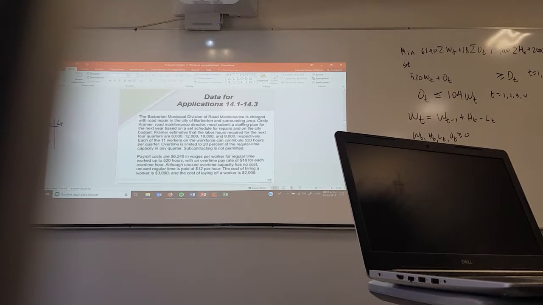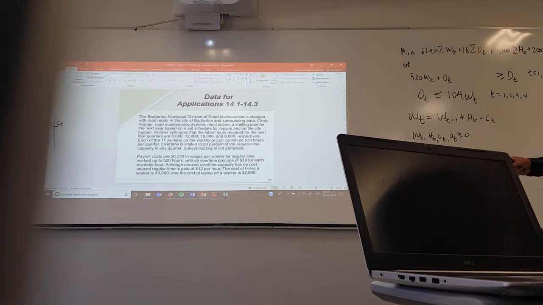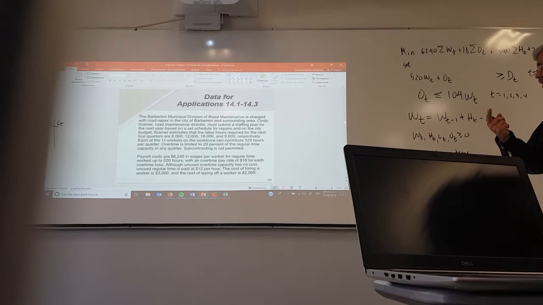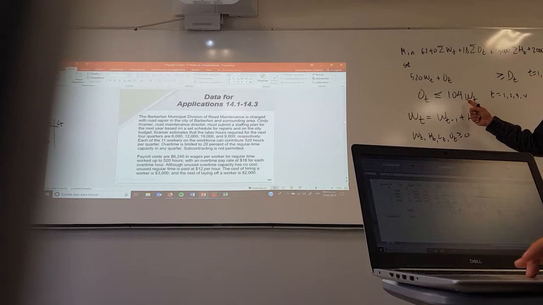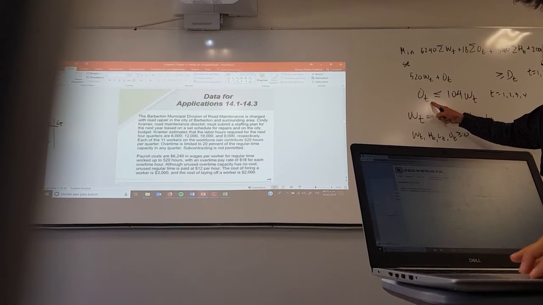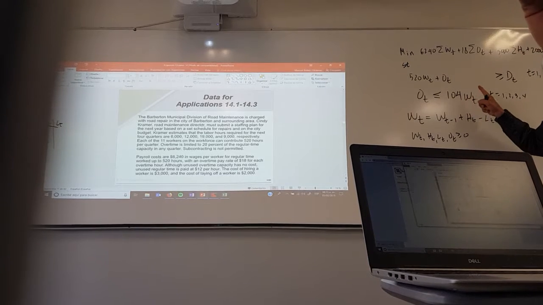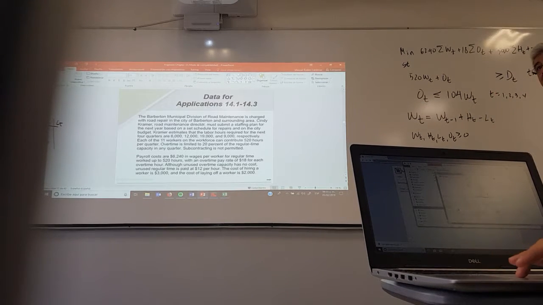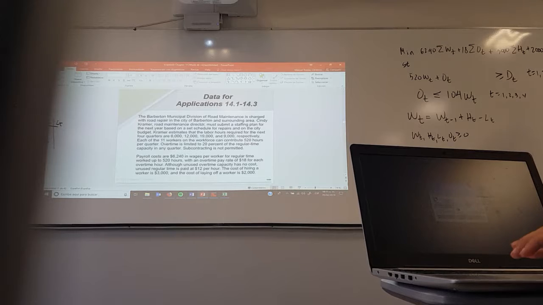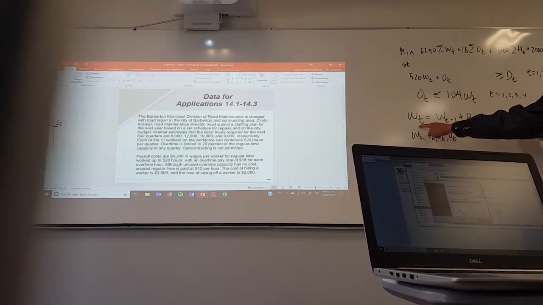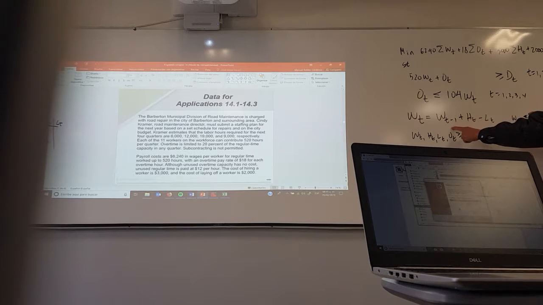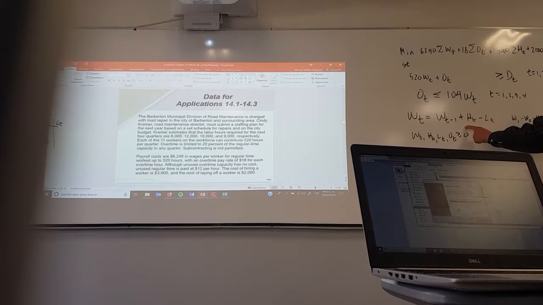Now, one more thing I need to mention is that in Lindo, which is the software I'm going to use, I need to bring this to the left, because Lindo requires only constants on the right-hand side. The same for this. The first equation of this series, for t equal to 1, is going to be W1 minus W0 minus H1 plus L1 equal to 0.